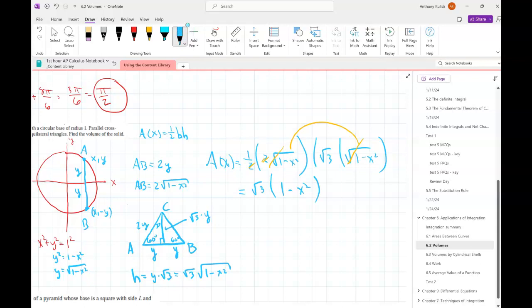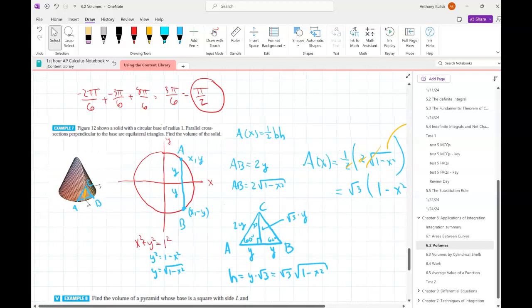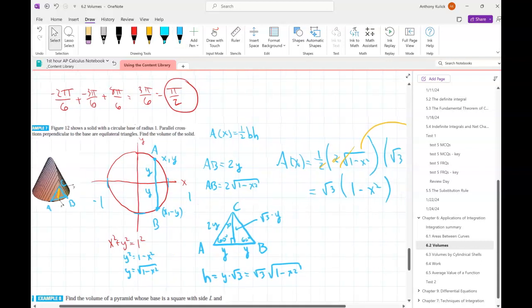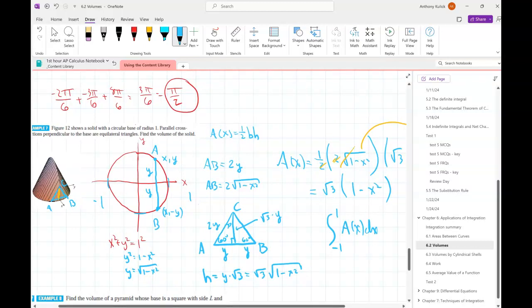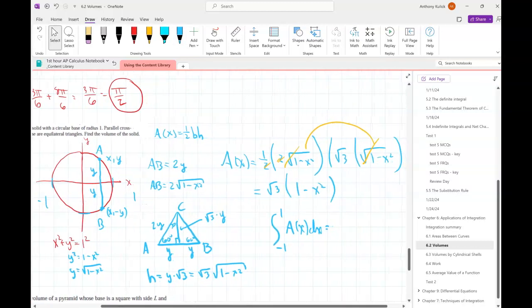So we're going to be integrating now from -1 to 1 along the x-axis. And this is symmetric, so really we're going to think about this as 2 times the integral from 0 to 1.